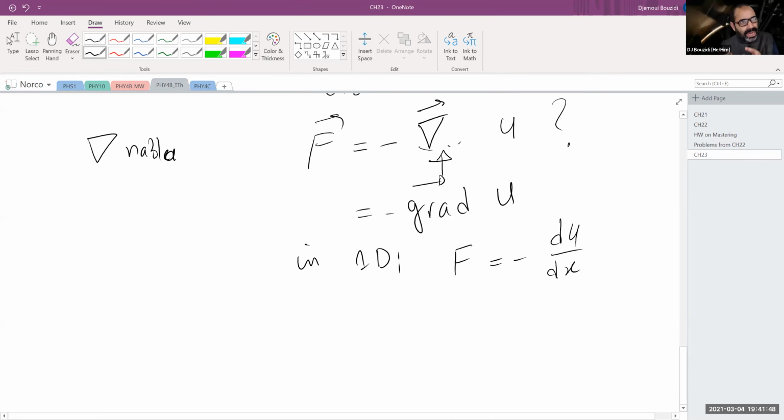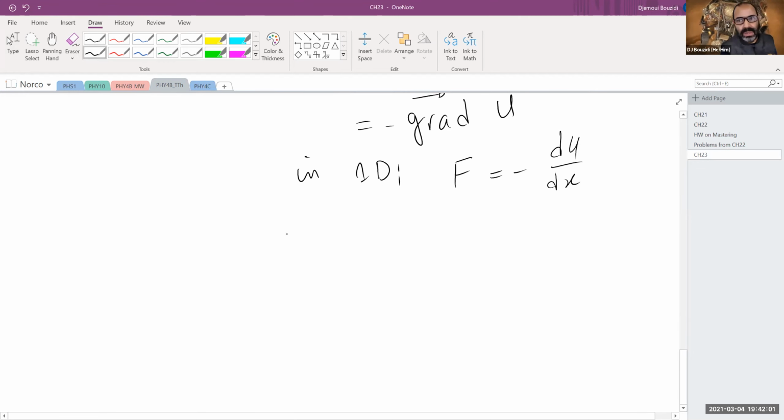In 2D or higher, the force has more than one component. It has an Fx or an Fy component and or an Fz component. So the force is a vector. So the force in 3D, for example, has an x component, a y component, and a z component.